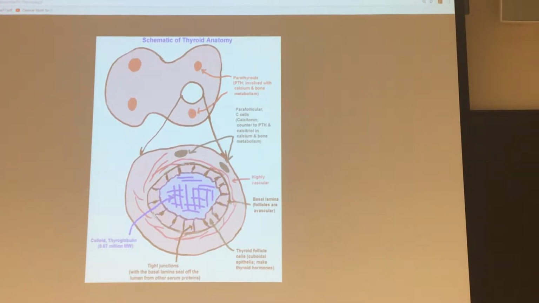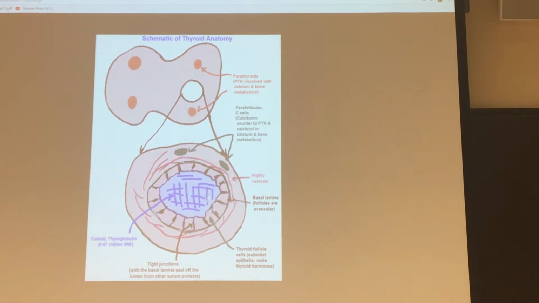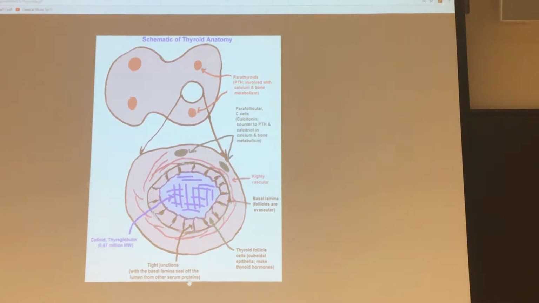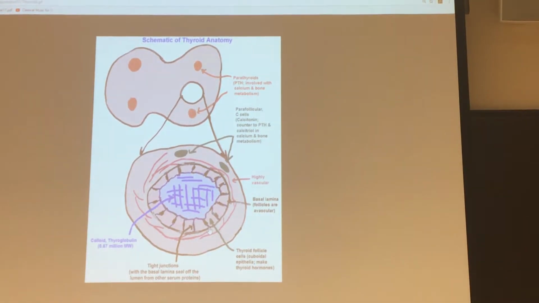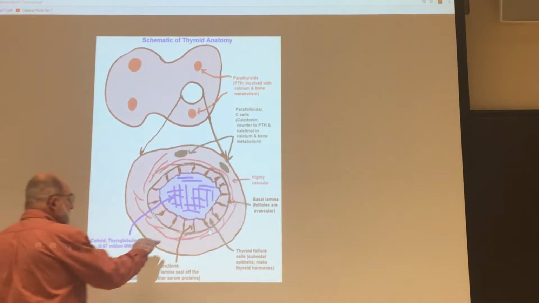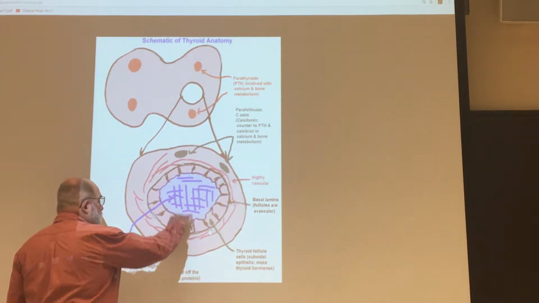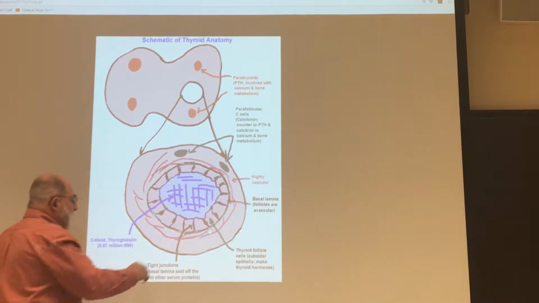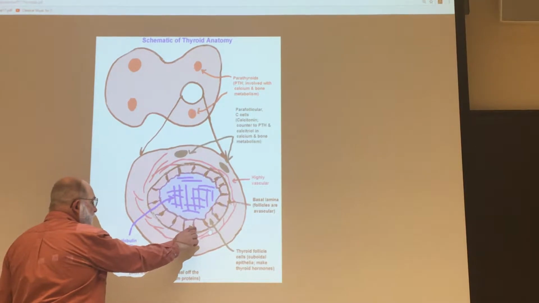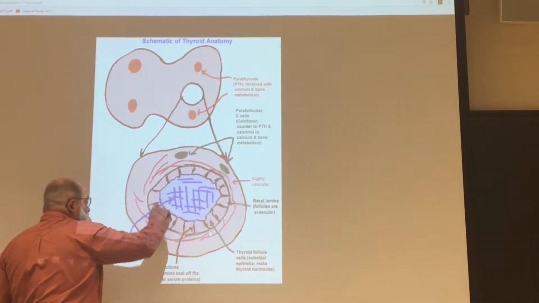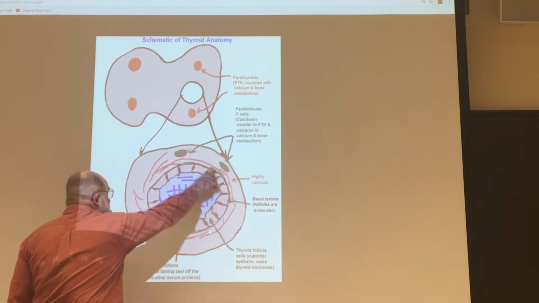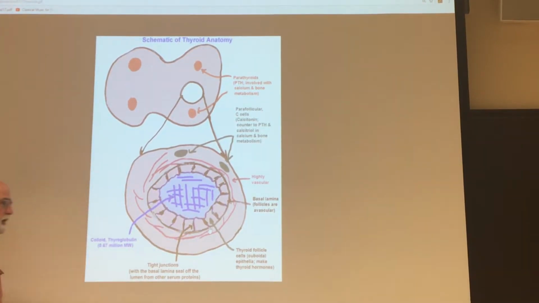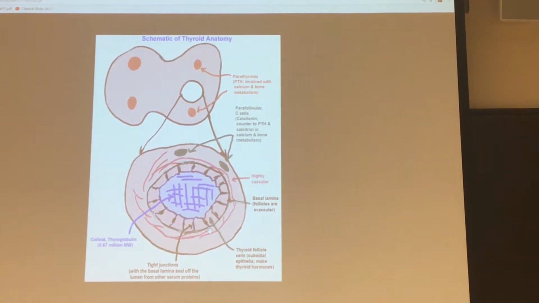And with the basal lamina, they seal the luminal space from other serum proteins. But here again, you've got a compartment within the body where the body is preventing free distribution of serum contents by sealing a compartment off via tight junctions and via a basal lamina of connective tissue that's semi-permeable.